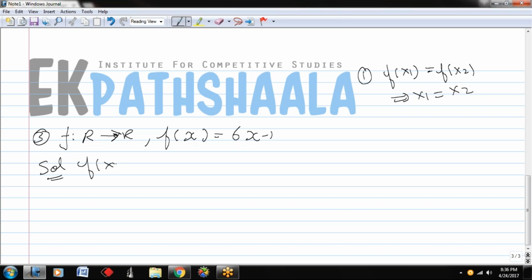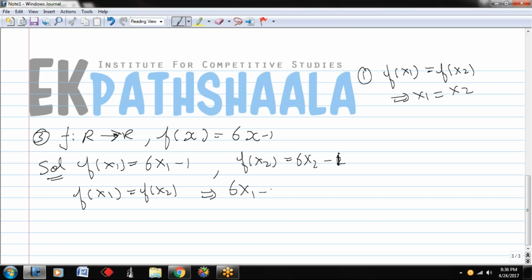Let us find f of x1. I simply replace x by x1. Let us find f of x2. I'll simply replace x with x2. Is that okay? Now, according to the condition, f of x1 should be equal to f of x2. Let us put them. 6x1 minus 1 is equal to 6x2 minus 1.